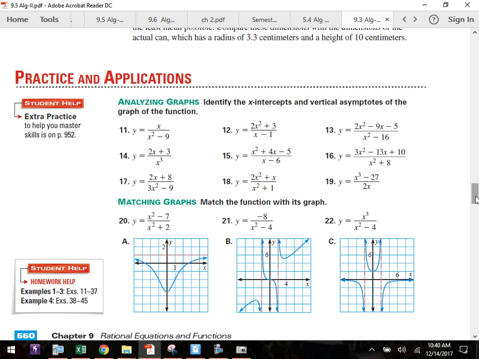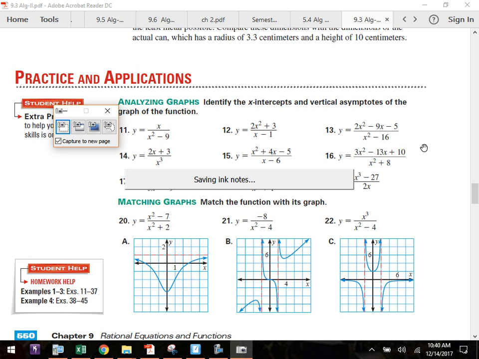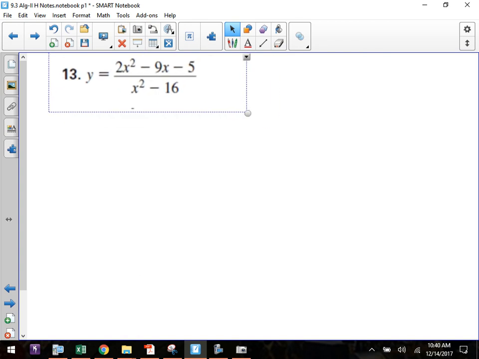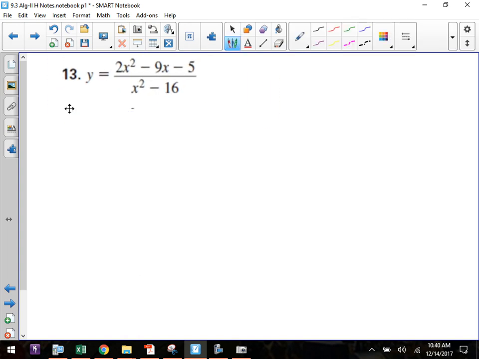All right. So on 13, if we go through the process of the way we were describing it the other day, go through each step individually. Always start these problems by first identifying your x-intercepts.